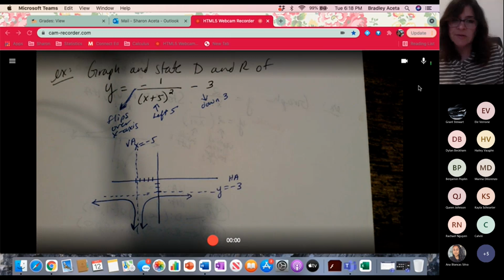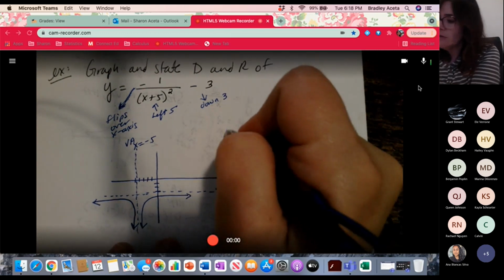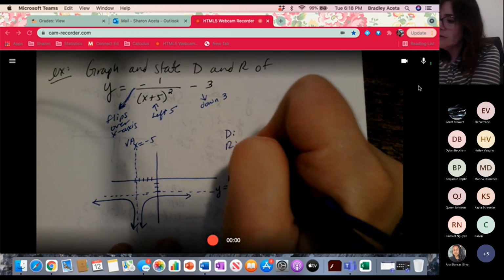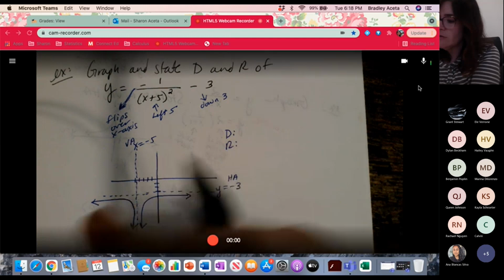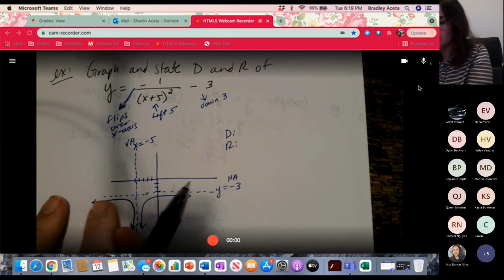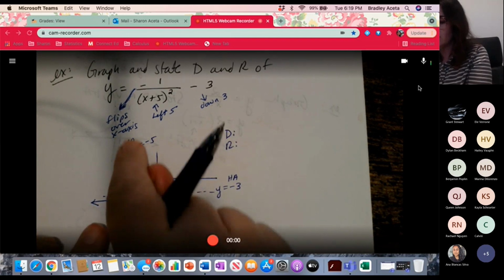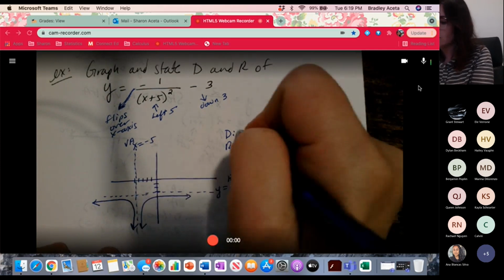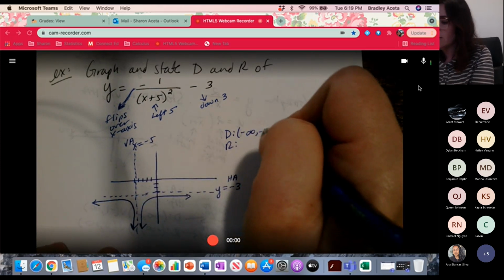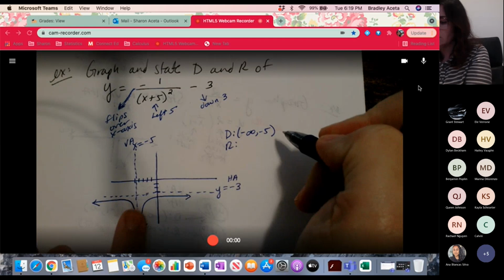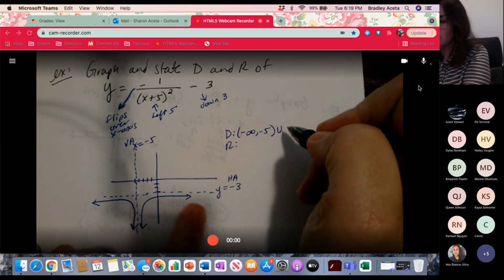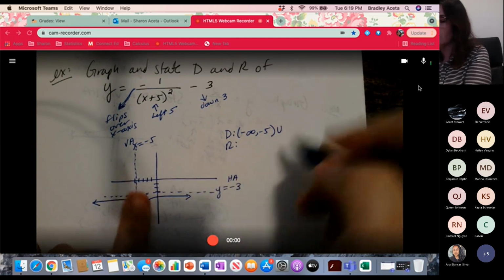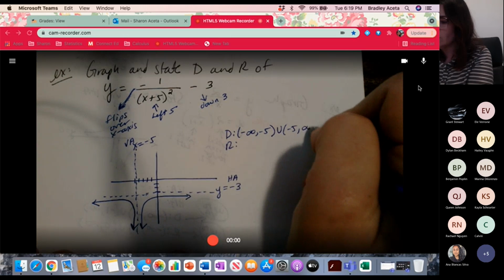Okay? So now let's state the domain and the range. So the domain, again, how wide is this thing getting? Well, it's covering the negative x-axis up until the vertical asymptote of -5. So it's going from -infinity to -5. And then we unite it with this part of the graph, which is from -5 to +infinity.